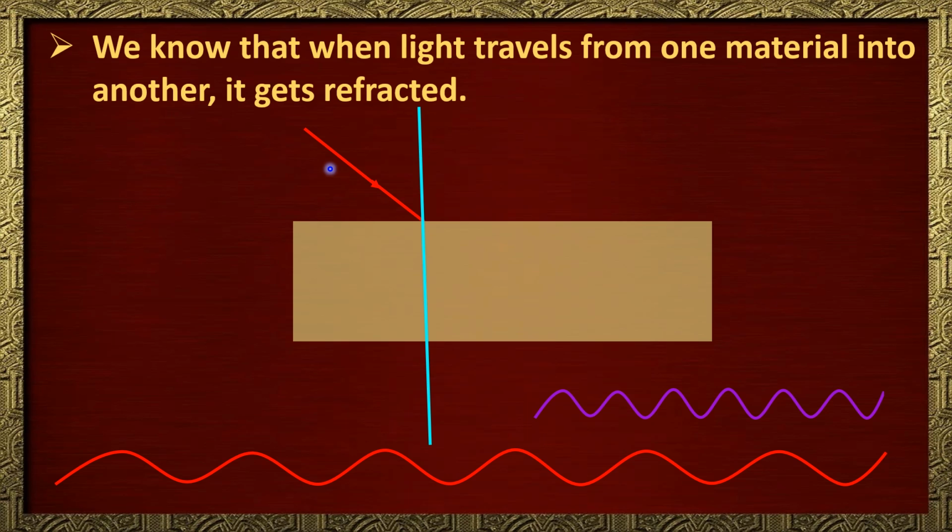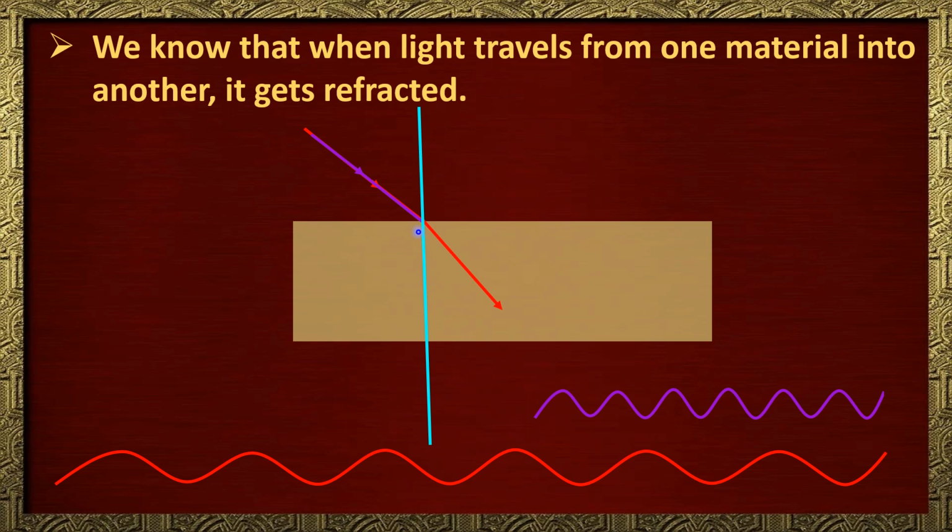So when a ray of light travels from rarer medium into denser medium, it will bend towards the normal like this. Okay. Next, if along the same path violet color light comes and falls on the interface, along the same path violet color is coming and falling on the separation of the two media here.